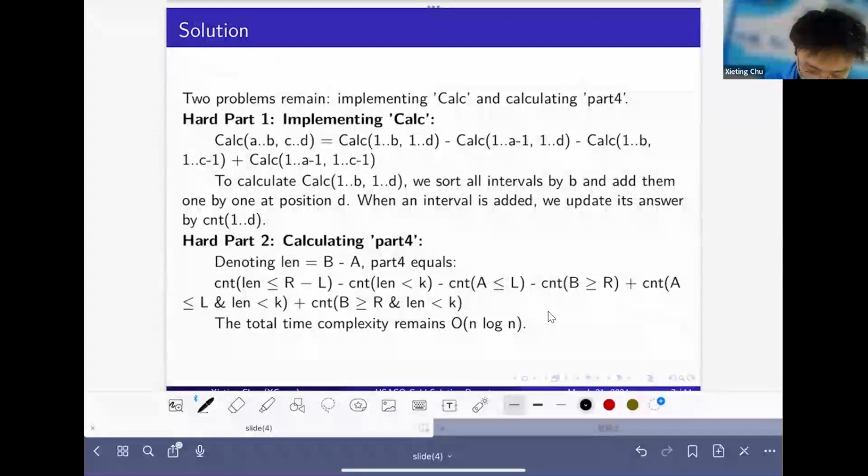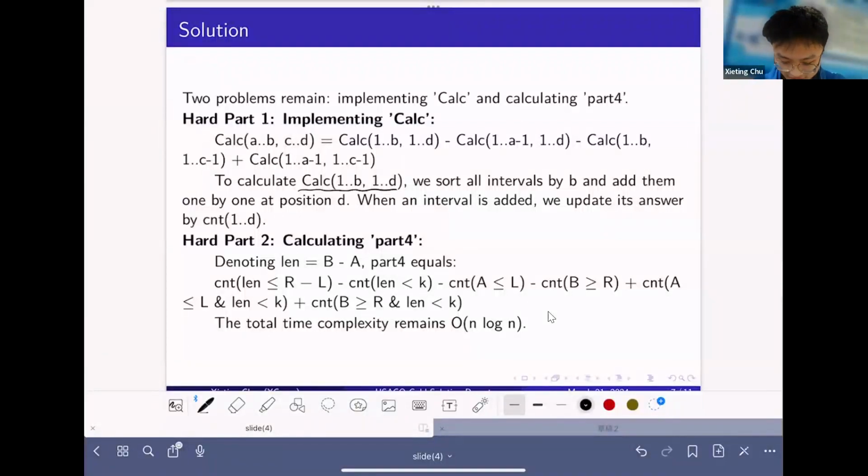Generally, we need to calc A to B, that is, the L bound is in A to B, and the R bound is in C to D. If we want to calculate this, we can first translate it into 4 parts. Now we change the problem into calculating 1 to B and 1 to D.